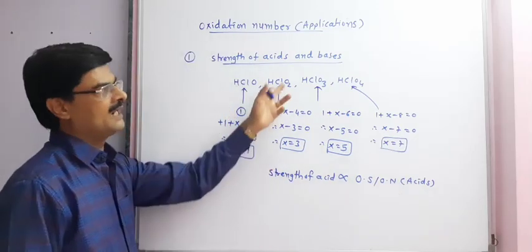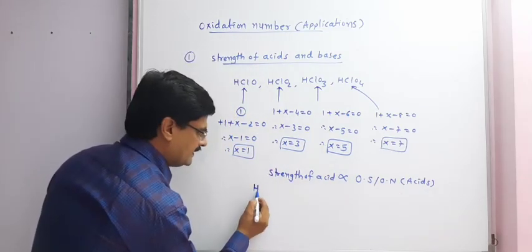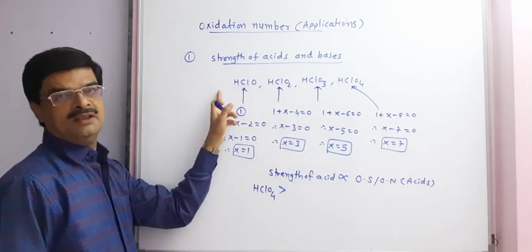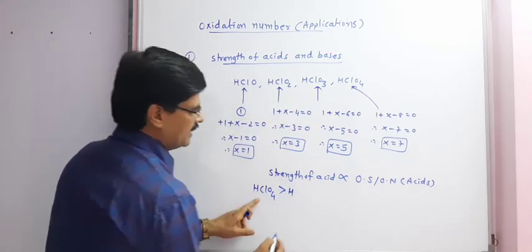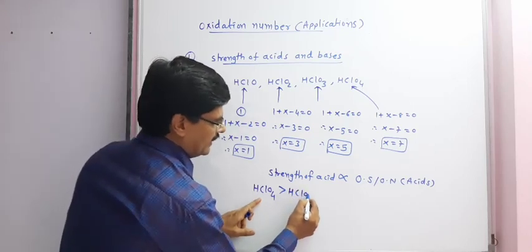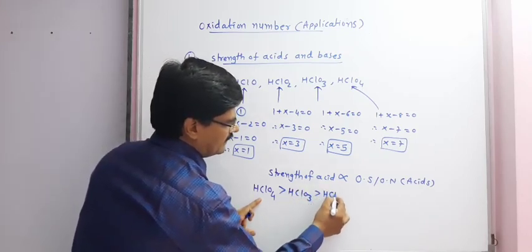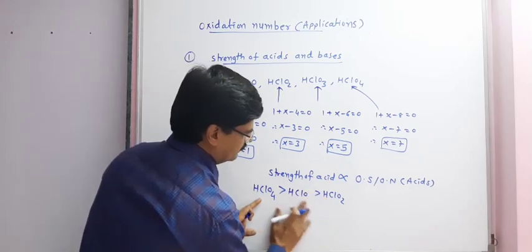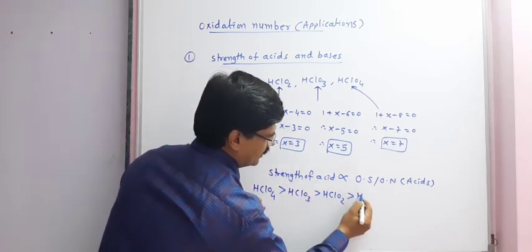So how can we write the order? HClO4 is the strongest of all these four. So the order can be written: HClO4, HClO3, HClO2 and finally HClO.